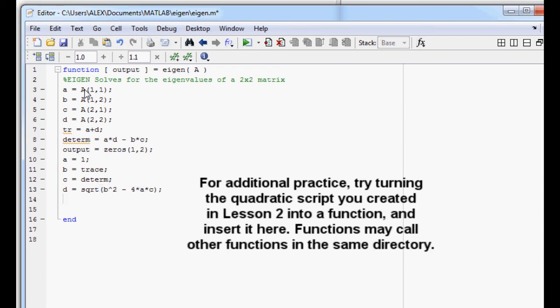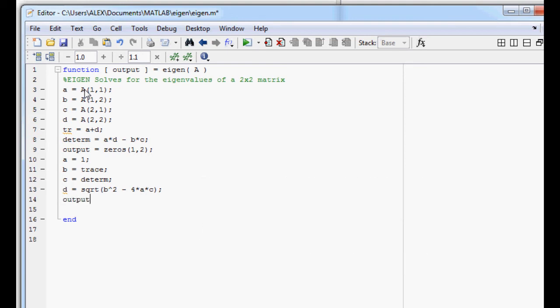And finally, output(1,1) equals minus b plus d divided by 2 times a, and output(1,2) equals minus b minus d divided by 2 times a.